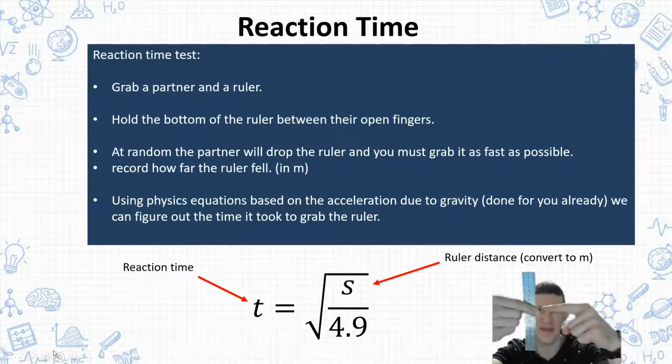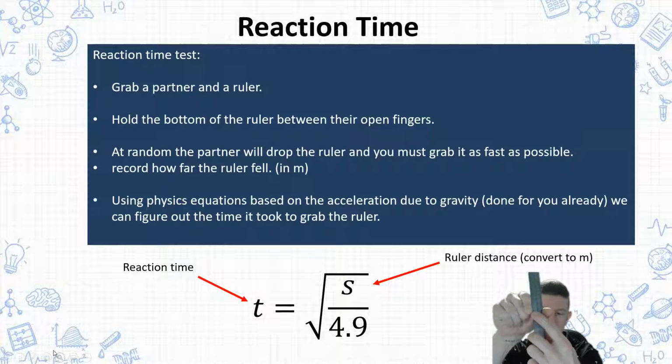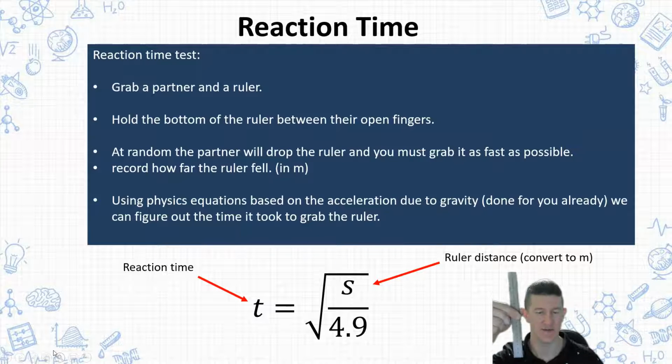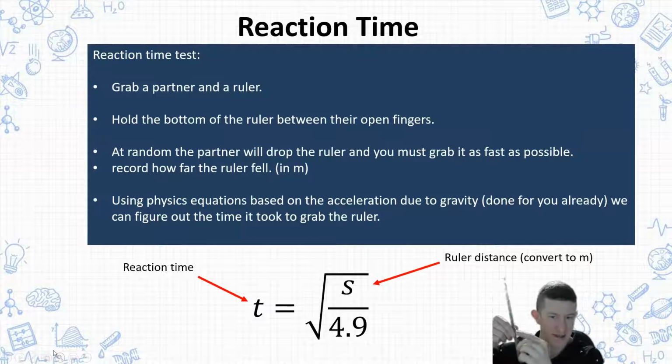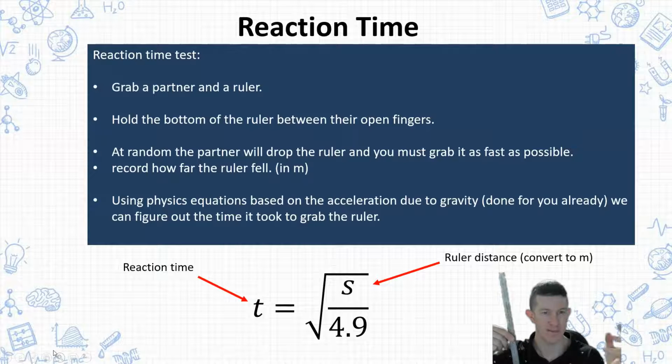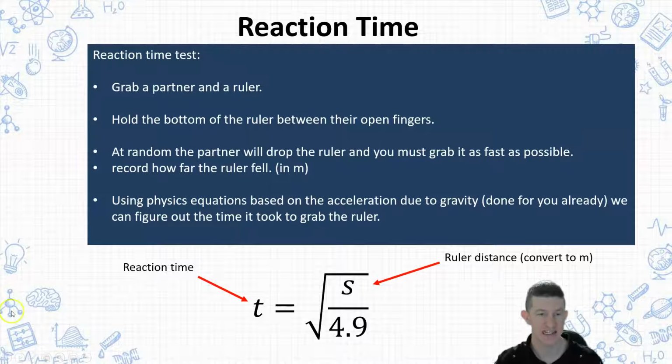Then you look at where their fingers landed on the ruler to look at that measurement, and we're going to take that distance as the S that we've got in this equation. We need to convert it to meters. So for example, if I caught it at 11 centimeters, that's 0.11 meters. I've already done some of the rearranging for you and made this equation easier, but basically what you do is you do that experiment.